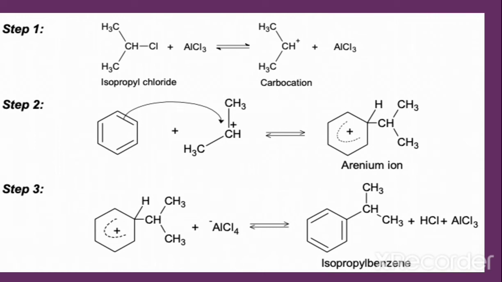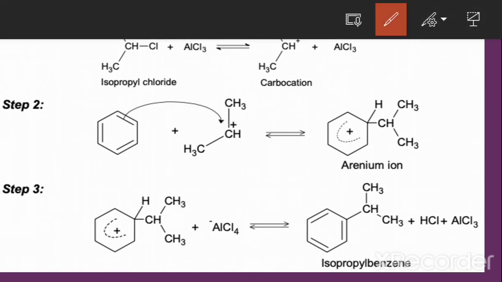In the second step, this electrophile will attack the pi bond, and this pi bond will break, and it will attach to the carbon present in the benzene ring, and this is the arenium ion.